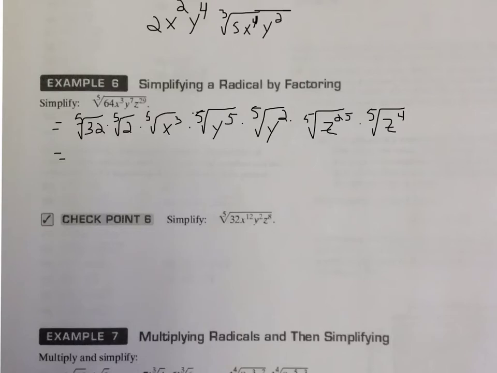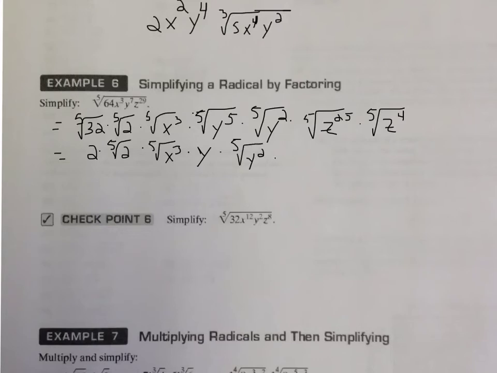We're going to take the fifth root of whatever we can take the fifth root of. Fifth root of 32 is 2. Can't take the fifth root of 2, so we're going to write that as the fifth root of 2. Times the fifth root of x cubed, can't do, so times the fifth root of x cubed. Now, the fifth root of y to the fifth, that's just y. We can do that. So times y. Times the fifth root of y squared, we can't do that.